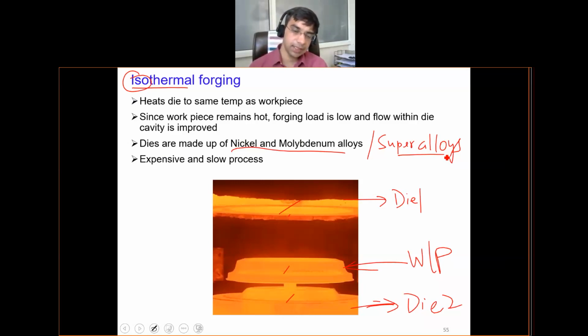This makes plastic deformation easy, but it is a slow and expensive process because you are also expending energy to increase the temperature of the dies. So this is used only with super alloys.